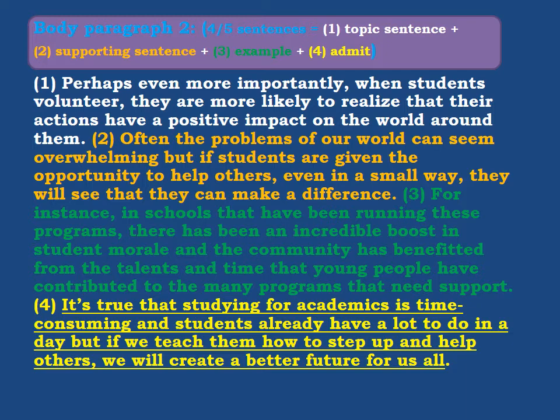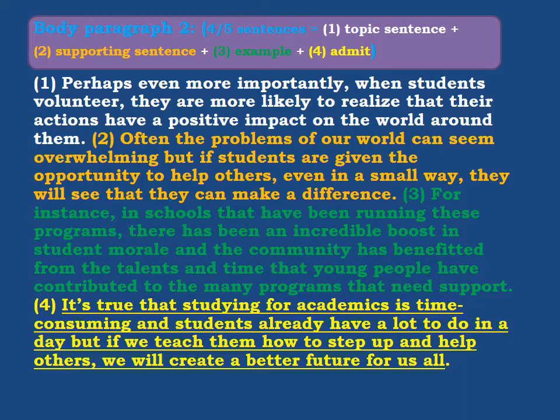You remember the second idea mentioned in the introduction, which is contribute to the community. They are more likely to realize that their actions, which is voluntary work, have a positive impact on the world around them, and the world around them means the community.